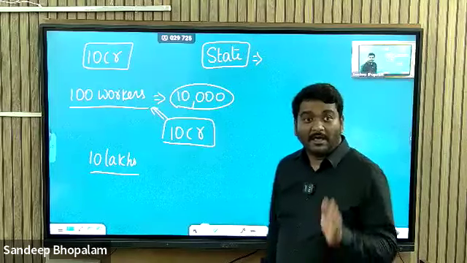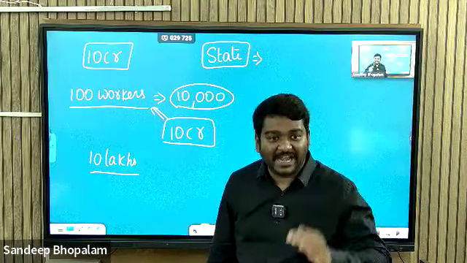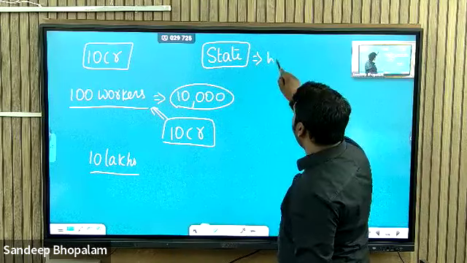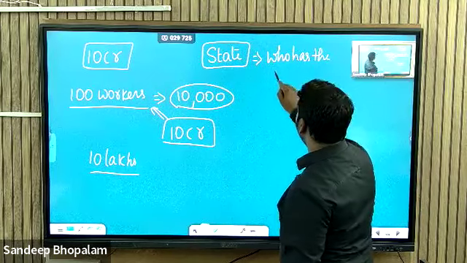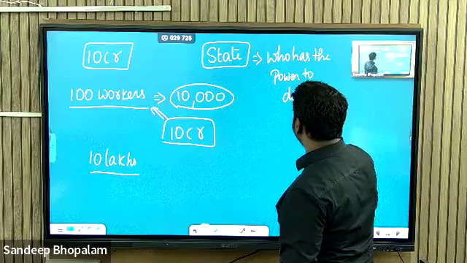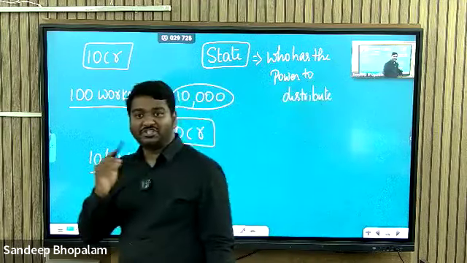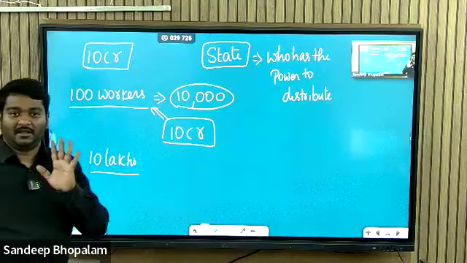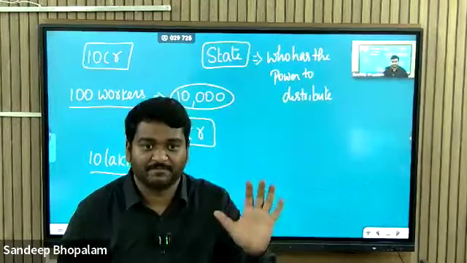The state. Replace the rich with the state, and the state will distribute to everyone equally. Remember this term very well: who has the power to distribute resources? In capitalism, rich people. In socialism, the state. That's why we say a state-controlled economy is called socialism.